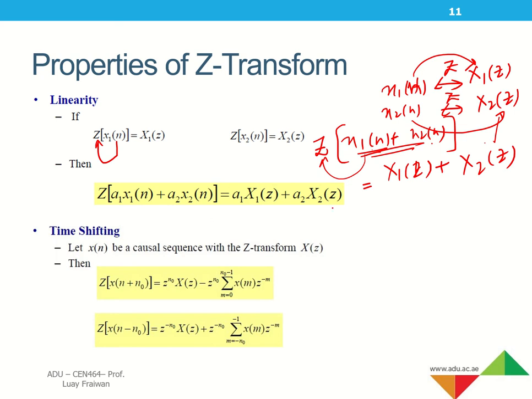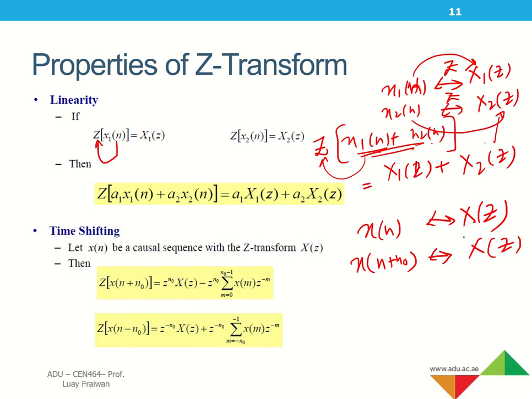The second property is time shifting. If we have an original signal and its Z transform is X of z, and there is a time shift in that signal, the Z transform remains the same as the original signal's, multiplied by a factor of z to the power of that shift. If the shift is negative, the multiplication becomes z to the power of minus n naught, with the same Z transform of the original signal.